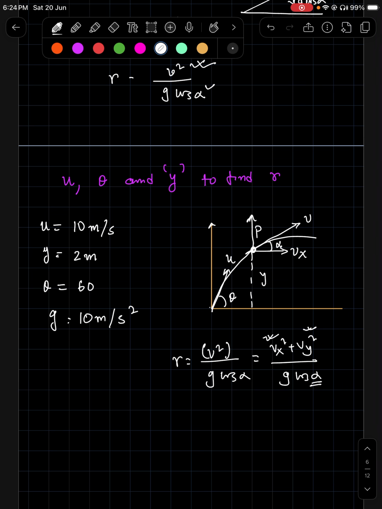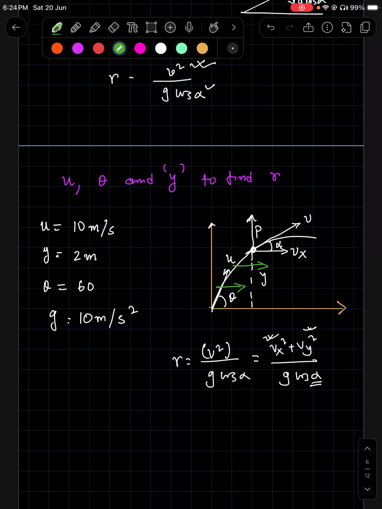From the first class, we know a very important characteristic in a projectile motion: since there is no force along the horizontal direction, the horizontal velocity remains the same at every position.